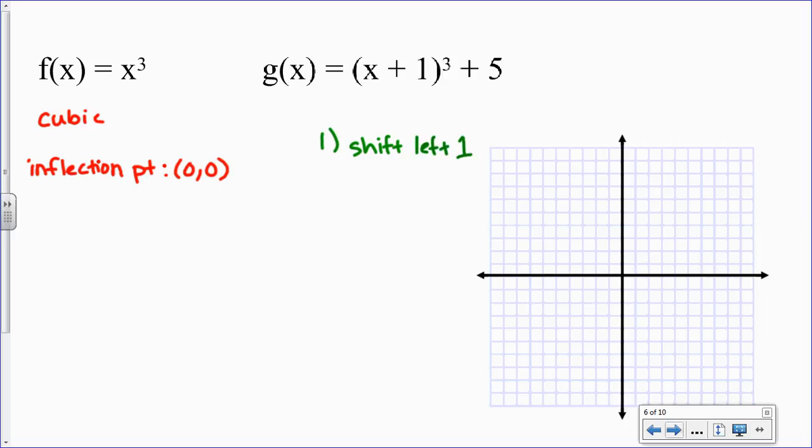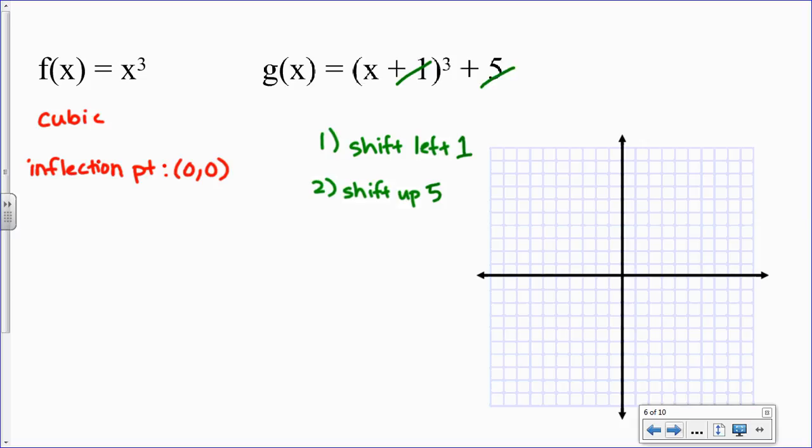Okay. So you can either put an arrow there, or I sometimes think it's helpful to cross it off, so I know I've taken care of that part. Nothing out front. I don't have a negative. I don't have a number, so no reflection over x, no vertical stretch or shrink. So the next thing I just have is this 5, so I have to move up 5. Okay.